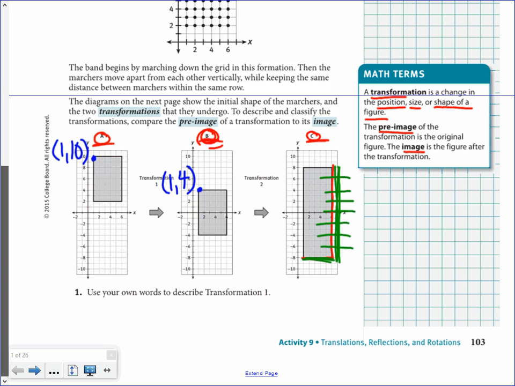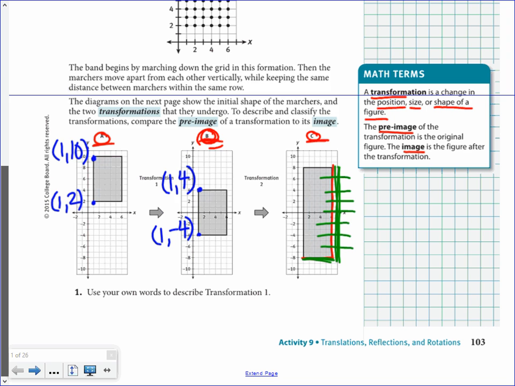Then the next point they gave you is (1, 2), which is the bottom left corner of your rectangle. The bottom left corner of the image is (1, -4). So that's what should go in your next box on your chart.